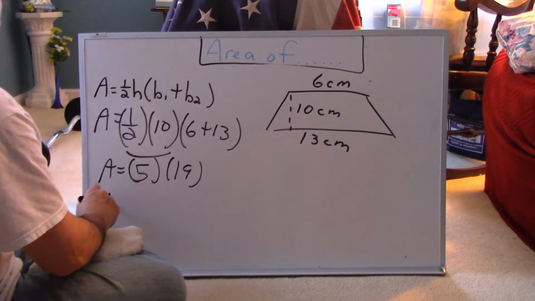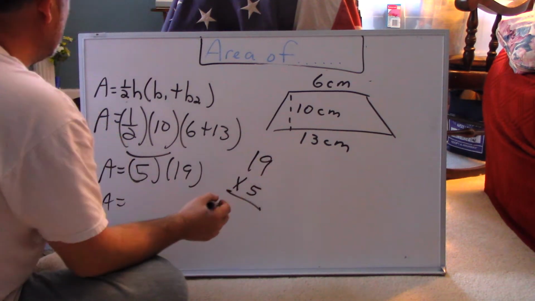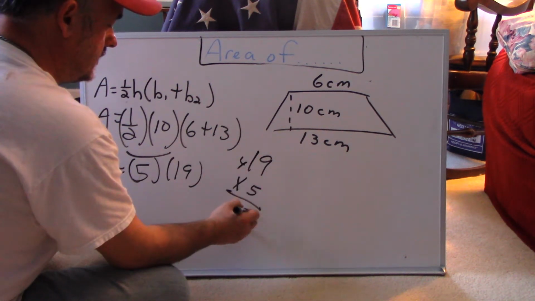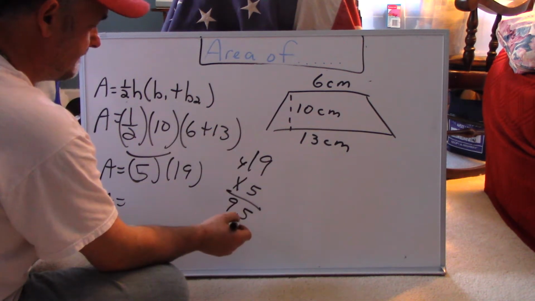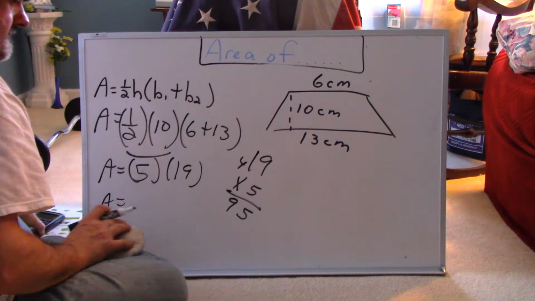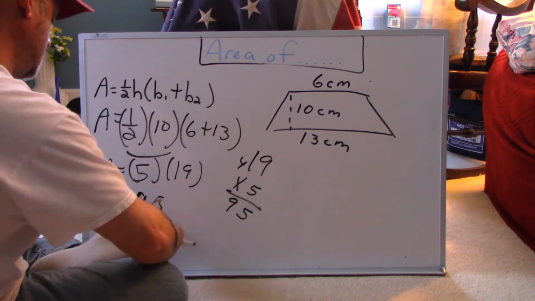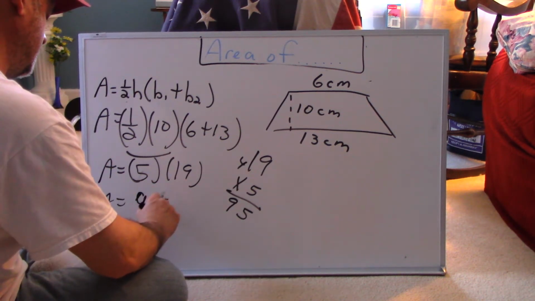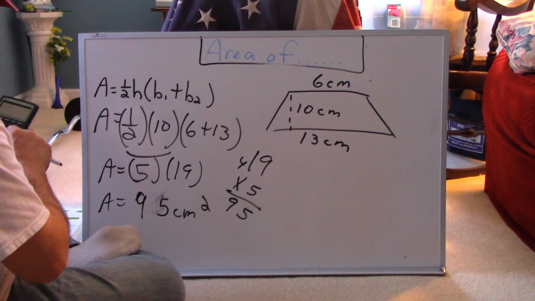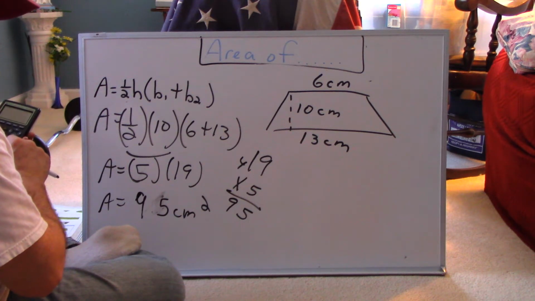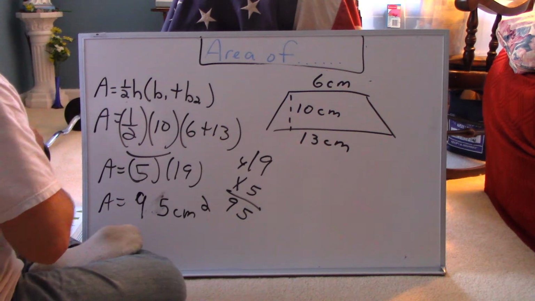Now let's multiply. 9 times 5 is 45. 5 times 1 is 5, plus 4 is 9. 95. That's it. So, 95 centimeters squared. Let me double check. Okay? Okay, I hope that was helpful.